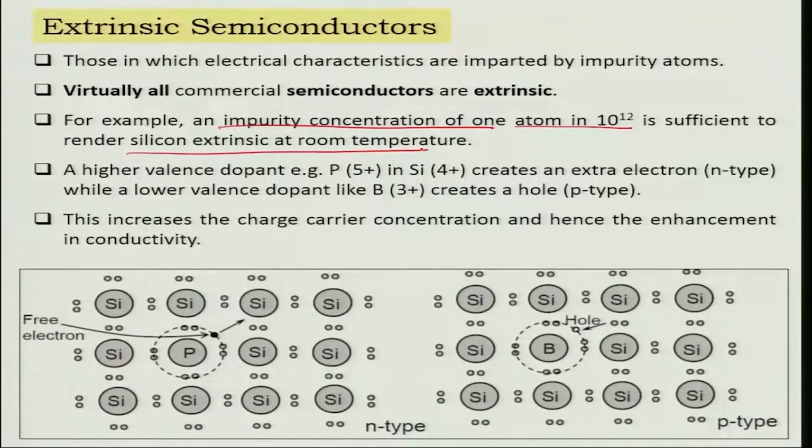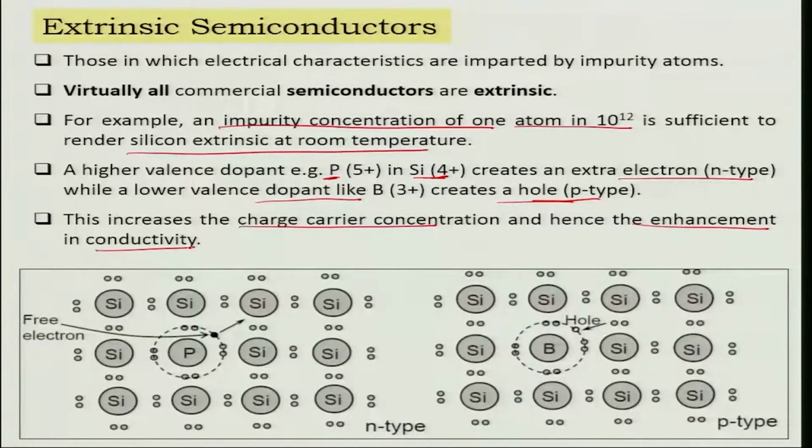A higher valency dopant, for example P 5 plus in silicon 4 plus, creates an extra electron, n type, while a lower valency dopant or impurity like boron creates a hole, p type. So, this increases the charge carrier concentration and hence the enhancement in conductivity.